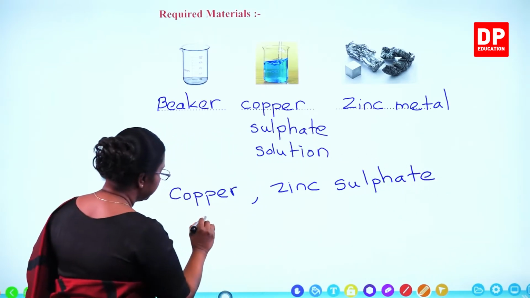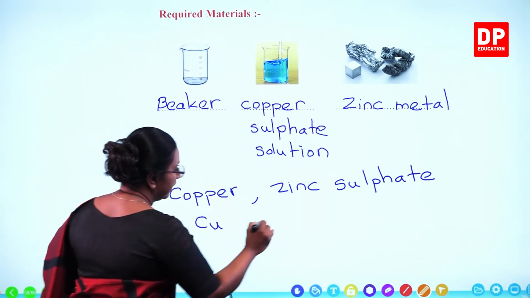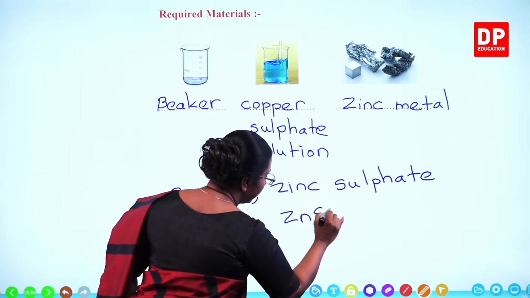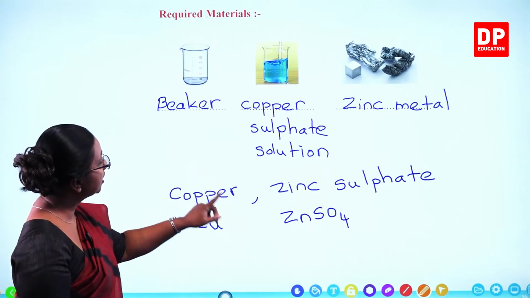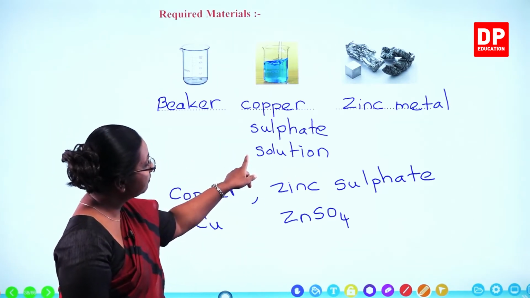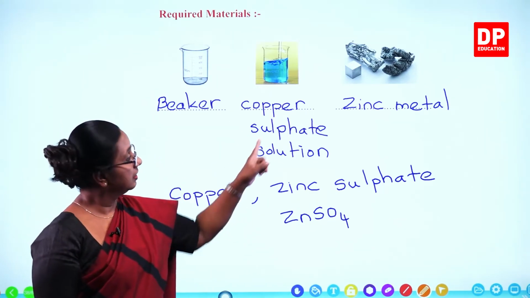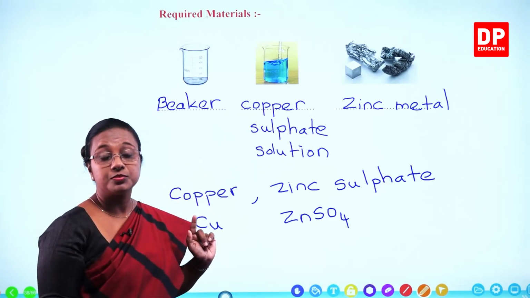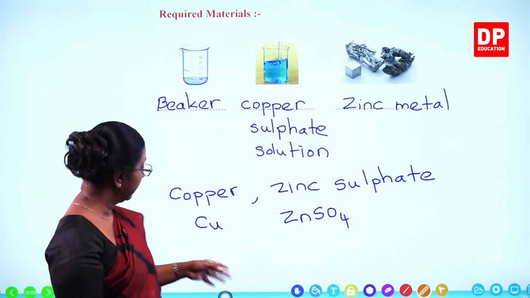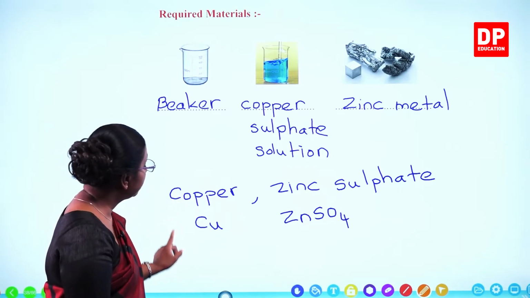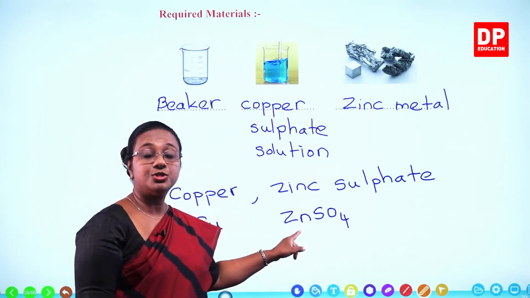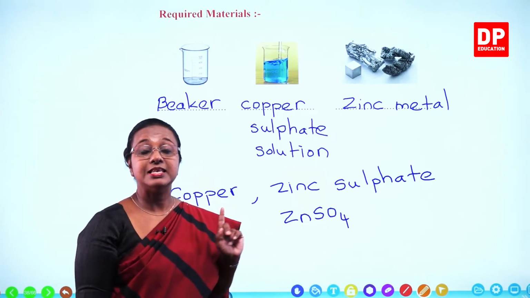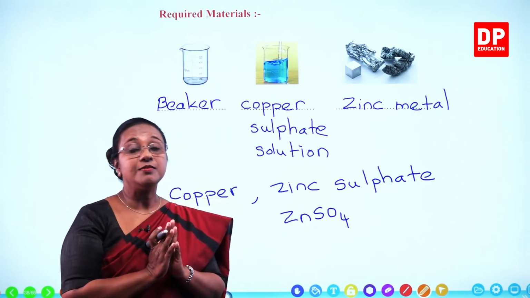So here the metal is going to be copper and the salt is going to be zinc sulfate. So one reaction we will try is copper sulfate solution with zinc metal. Again we will try copper, that is also a metal, with the salt solution of another metal, that is zinc sulfate. So this is what we will do.